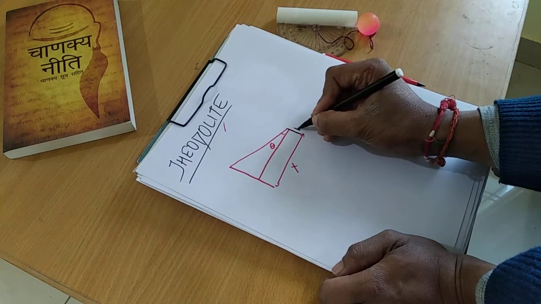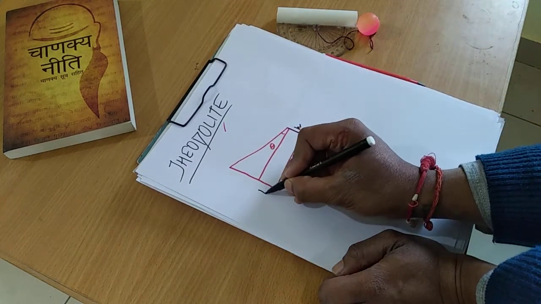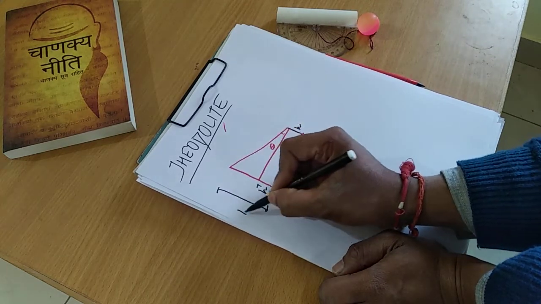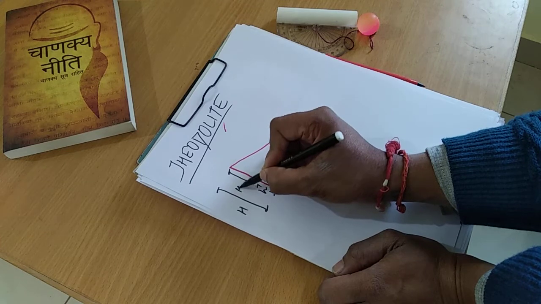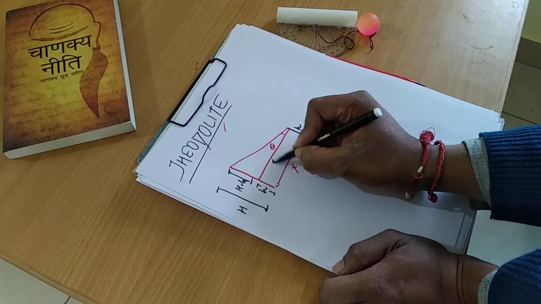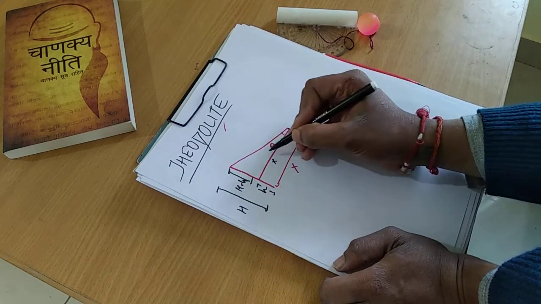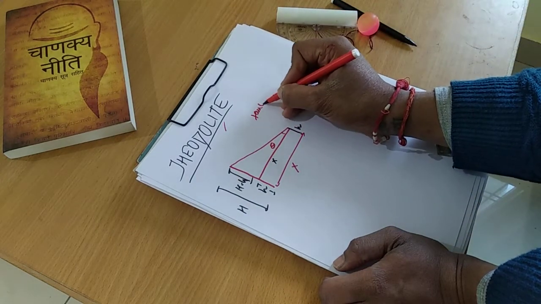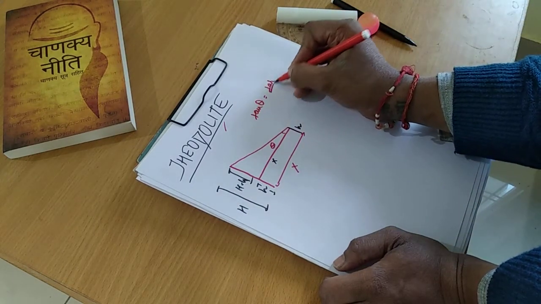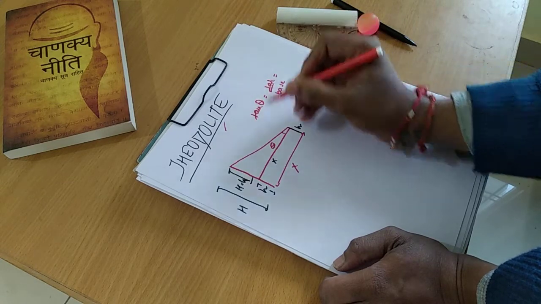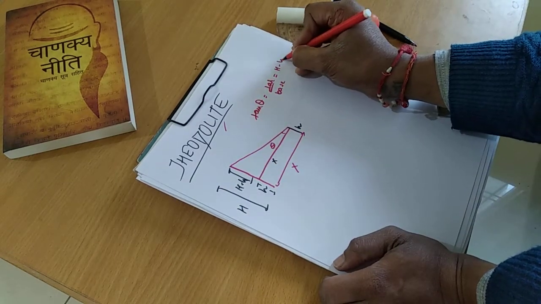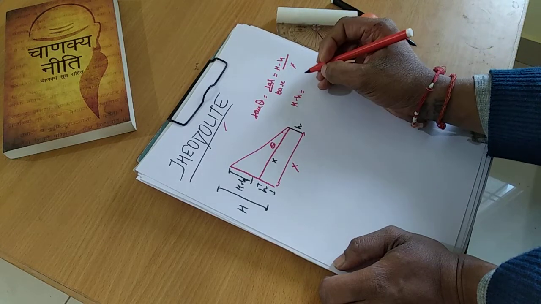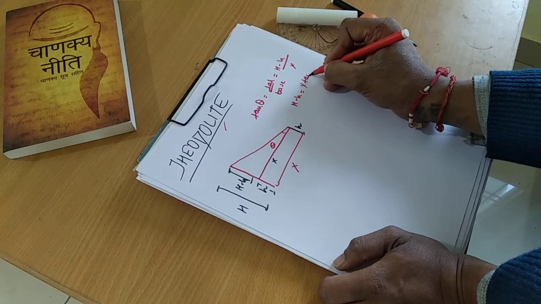Suppose the height of the person is h, and therefore this must also be h. And if the total height is capital H, this is H minus h. Now this is x because the distance remains the same, and therefore tan theta is equal to perpendicular upon base, and the perpendicular here is H minus h upon x, or H minus h is equal to x tan theta.